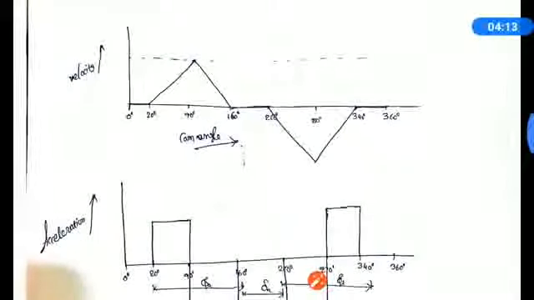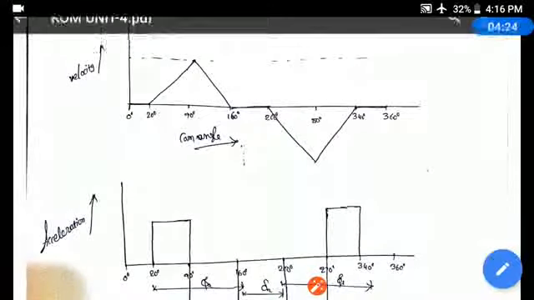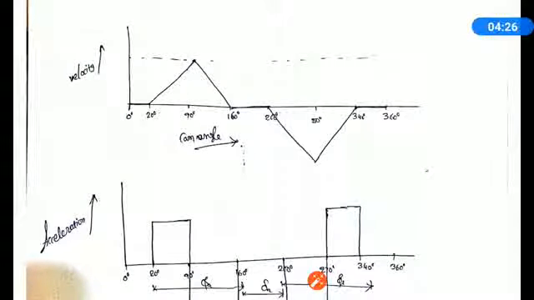And similarly velocity, here acceleration is constant. If acceleration is constant, velocity will continuously increase, that means linearly increase. So the slope of velocity is constant. Acceleration is constant means the slope of velocity is constant. So from 20 degrees to 90 degrees the velocity is increasing because it is constant acceleration.